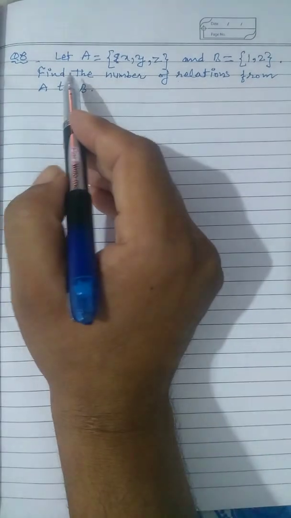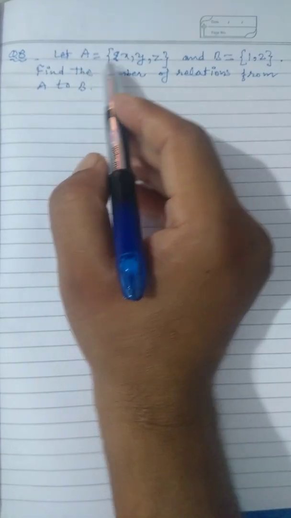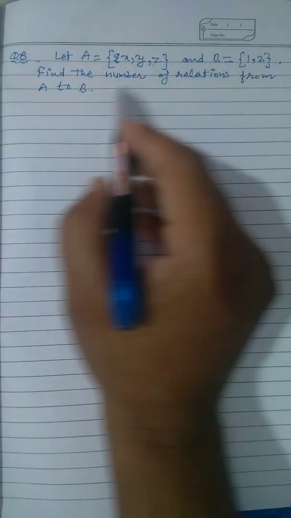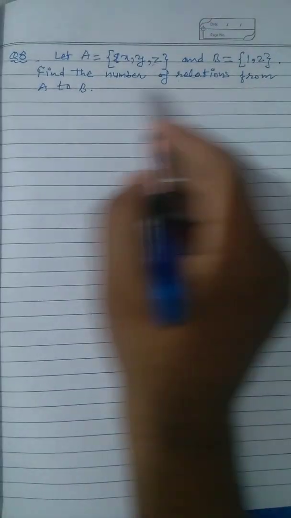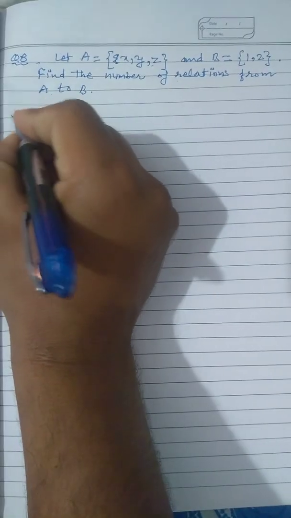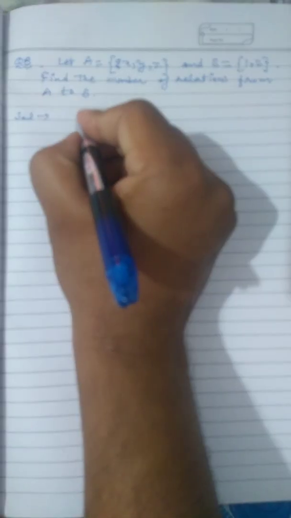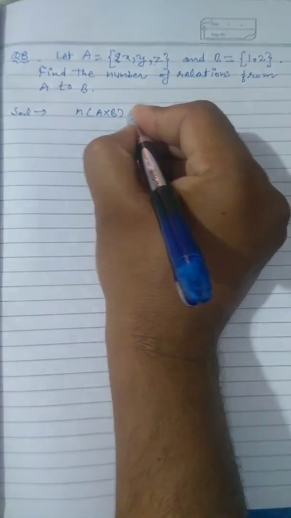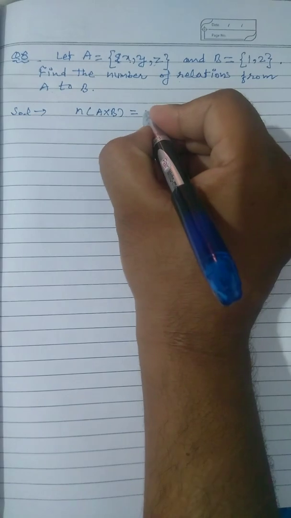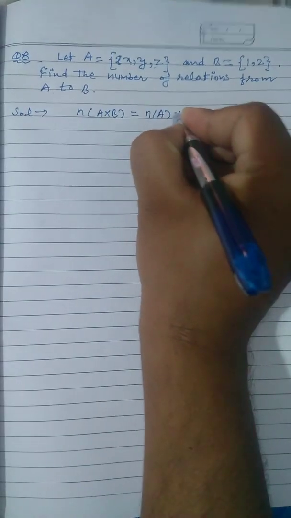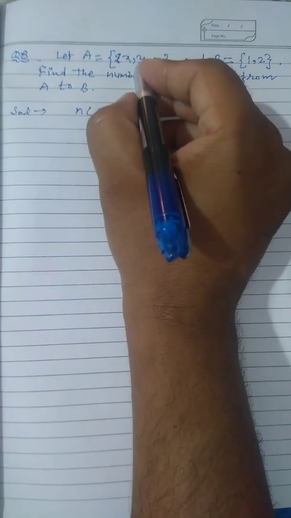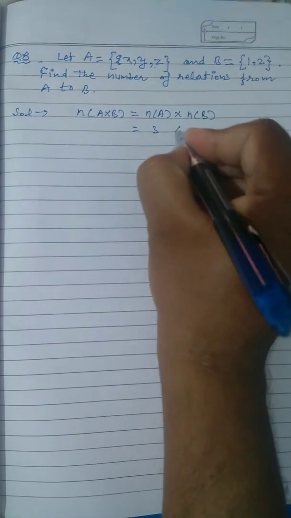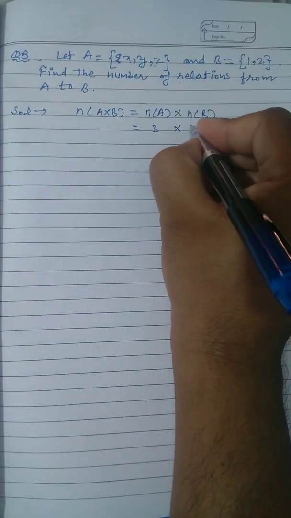Our next question is question number 8. Let A is equal to {x, y, z}, B is equal to {1, 2}. Find the number of relations from set A to set B. So my dear students, first of all, how many elements are there in A cross B? They are number of elements of set A into number of elements in set B. Number of elements in set A are 3, into number of elements in set B is 2.